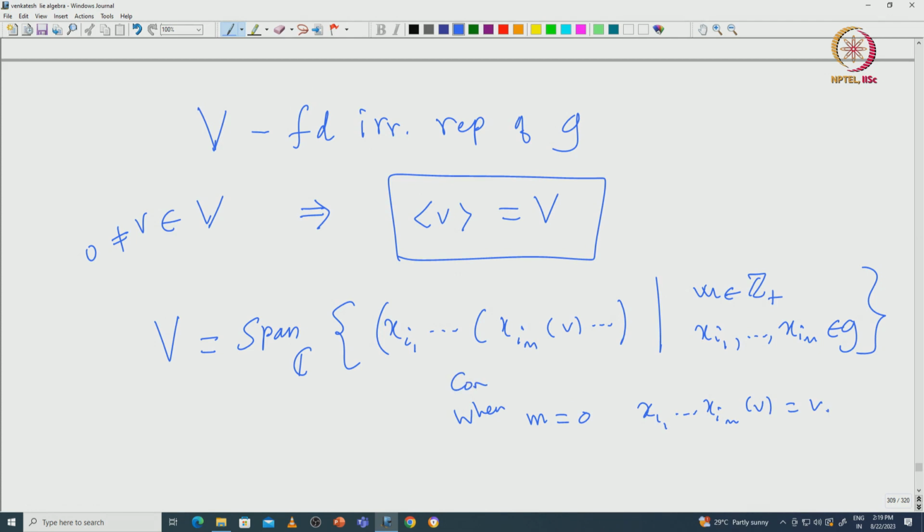This is the convention. Okay. So, when m equal to 0, this corresponds to the empty word, so you get v.